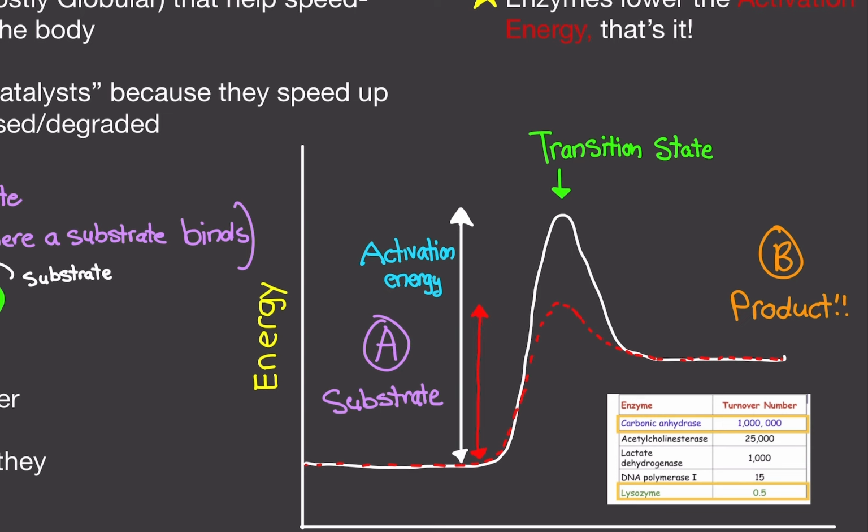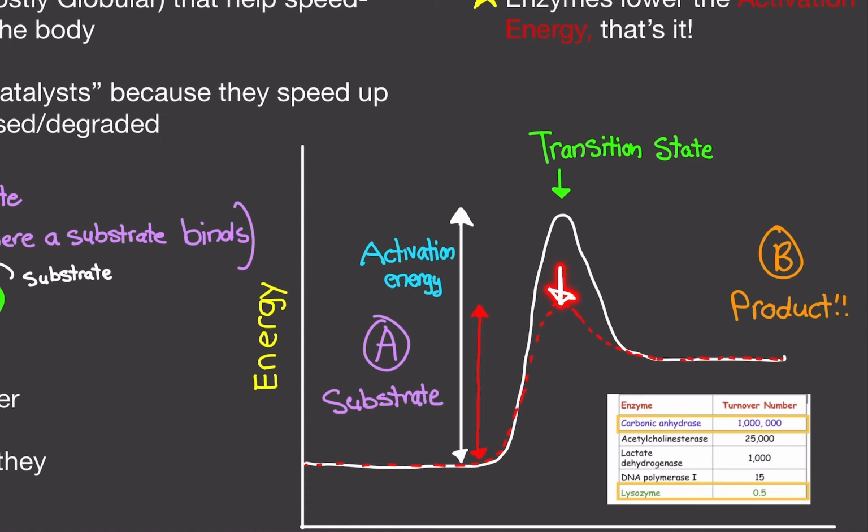Now there's something called the transition state. This is really important. The transition state is the top of the peak of the activation energy. It's saying that once we're here, we could go either of two ways.